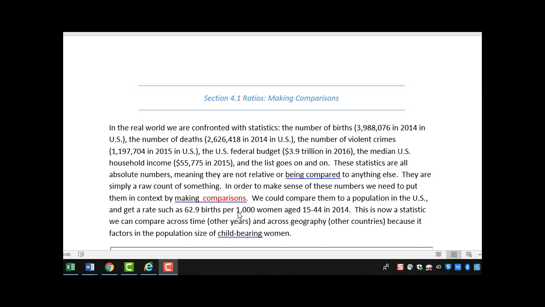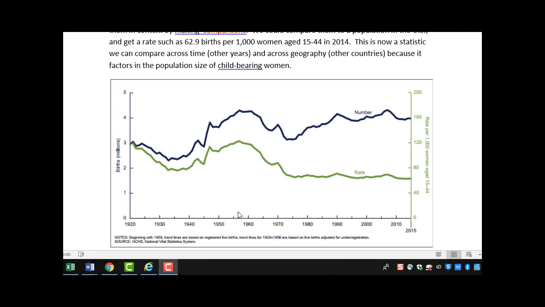For example, this is a good graph to explain how you use ratios and how they make sense. The bottom line is green, where the top line is blue. The top line is the number of births in the United States total, which is over here in the millions. So there was 3 million births in 1920.